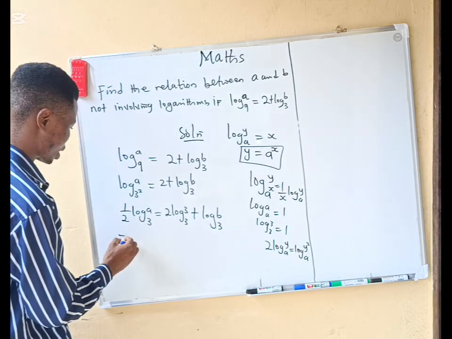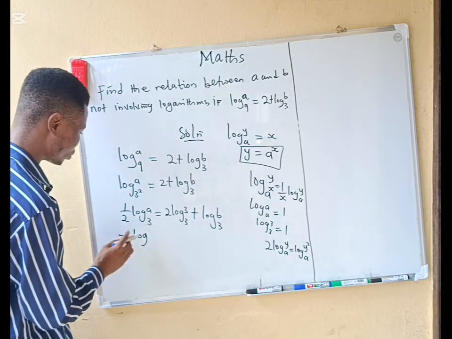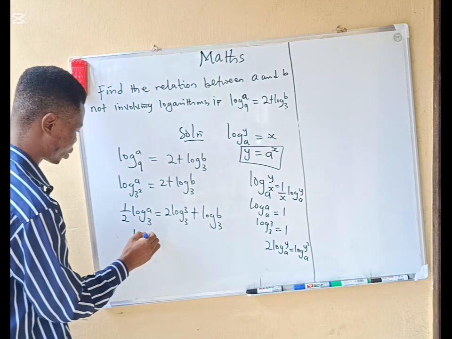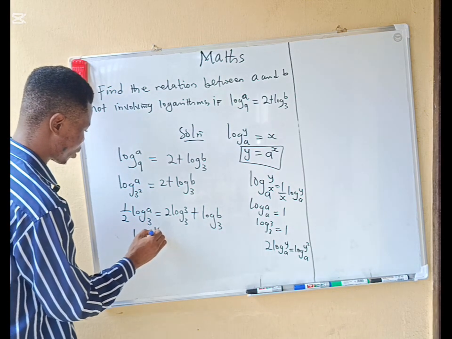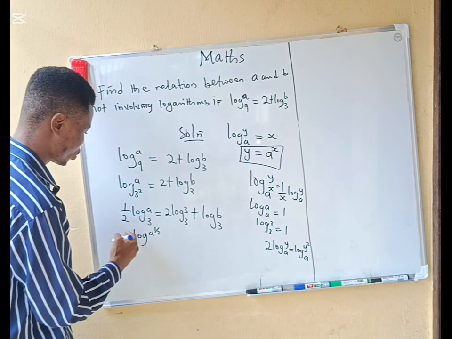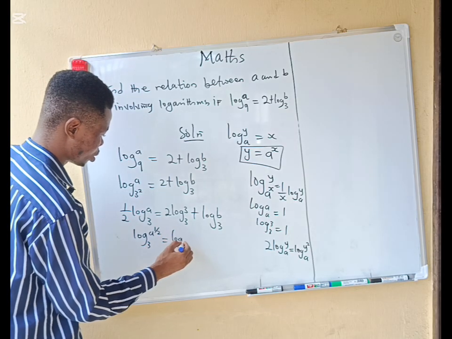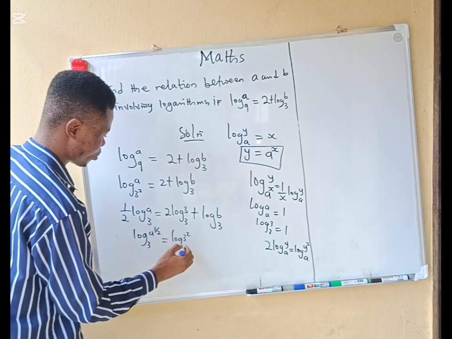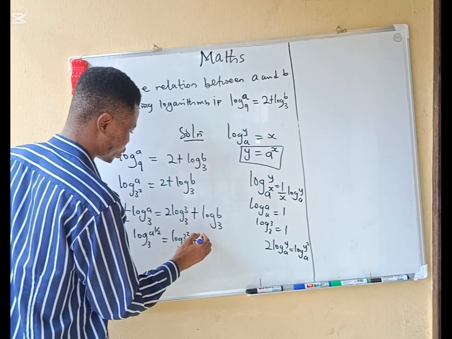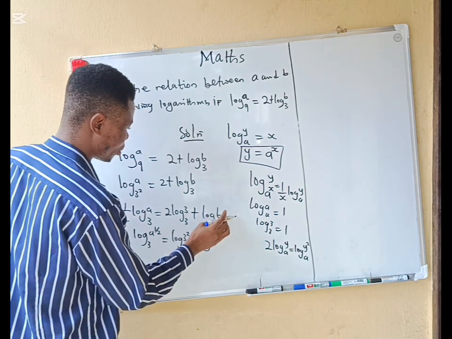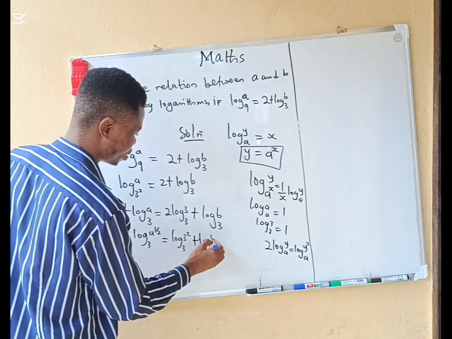So I'm going to have that log a raised to the power of 1 over 2, base 3, equals log 3 power 2 base 3, then plus log b base 3.